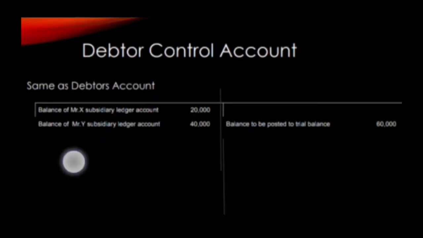And we also have a customer, Mr. Y. The subsidiary ledger account balance of 40,000 of Mr. Y is brought forward to the debtors control account as well. Now the total debtors control account has a balance of 60,000, this 20 plus this 40, so the total balance is 60,000.